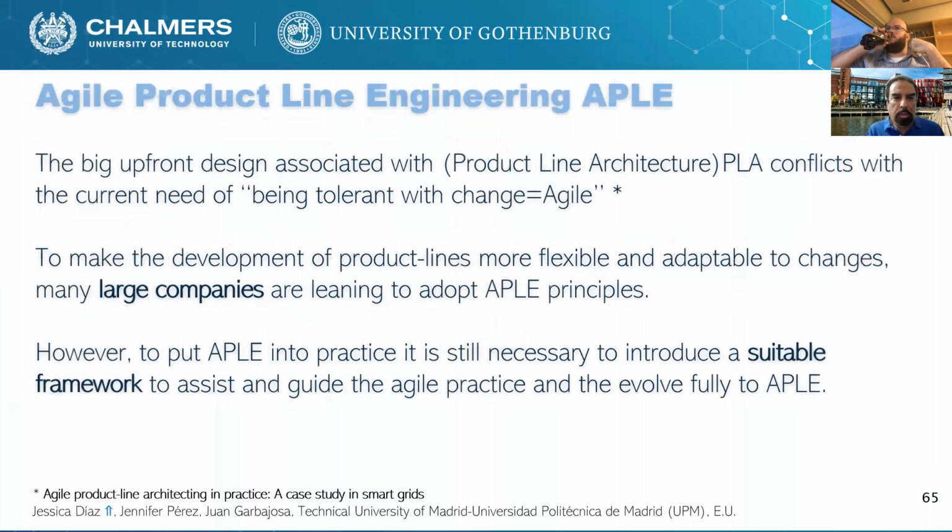The first thing about agile product line engineering is the motivation: why we want to convert or migrate the practices of large companies that build very complex software, like Volvo and GM and Lockheed Martin and Boeing, companies that have millions of lines of code. They are not really yet agile, because there is a common understanding in the software development community that agile is something you can implement in small software, in small projects.